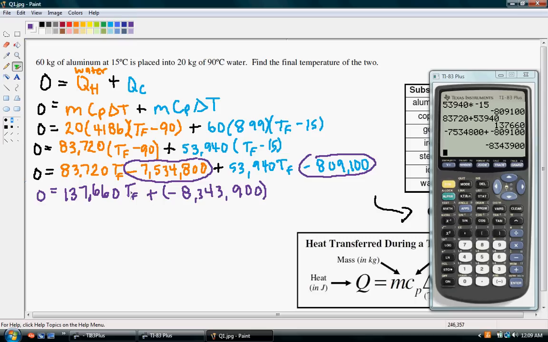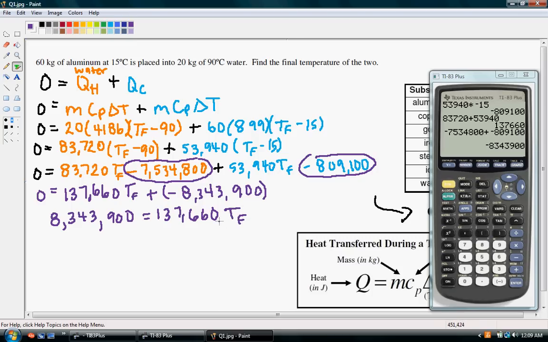Alright, so now what you can do, you have this number that's negative on this side. You could add negative 8,343,900 to both sides. So then you will get a positive 8,343,900. And that will be equal to 137,660 times the final temperature of both items, since they are in thermal equilibrium.